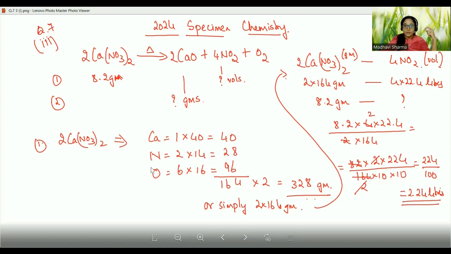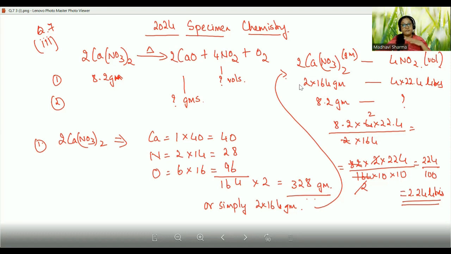I have found out here that 8.2 grams of calcium nitrate is given, and the RMM of calcium nitrate is 164. This is 2 moles, so 2 into 164, 328 grams.